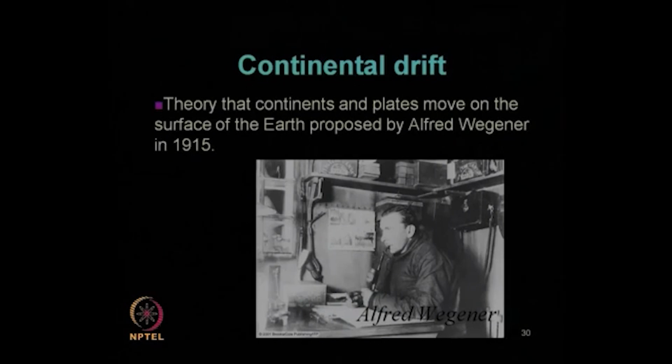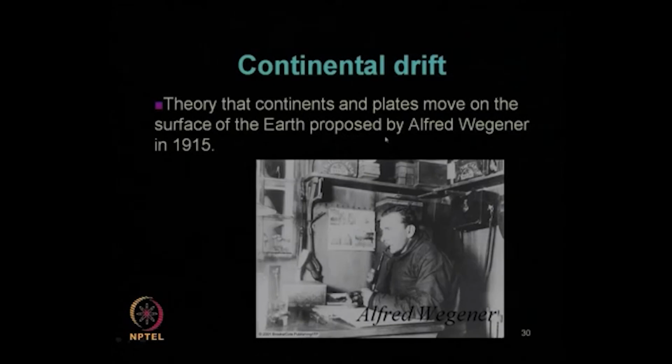Now, let us see a theory which is called continental drift. What does that theory mean? The theory says that the continents and plates, that is, various parts of the earth's crust, are composed of various plates, and these move on the surface of the earth with respect to each other.